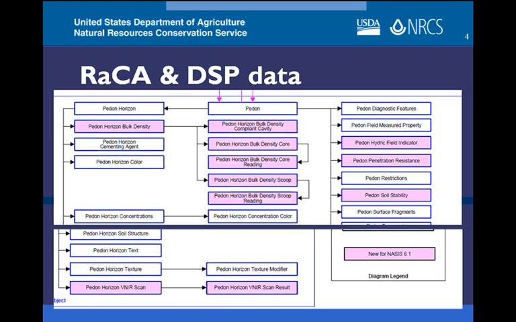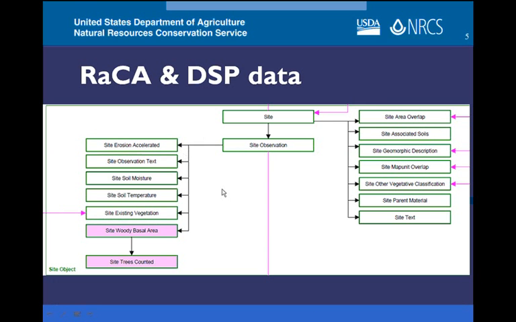So here in the PET-ON object, there's 5, 6, looks like 9 new tables. 10, 11 tables in the PET-ON object were added, as well as a considerable number of columns added to existing tables like PET-ON and PET-ON Horizon. In the site object, we added 2 new tables to record woody basal area data and trees counted data.